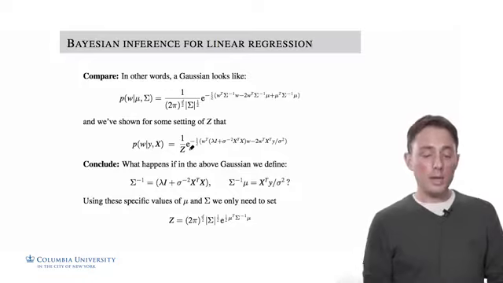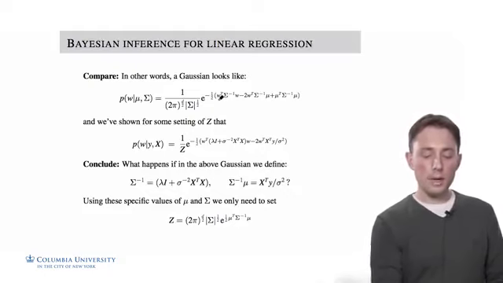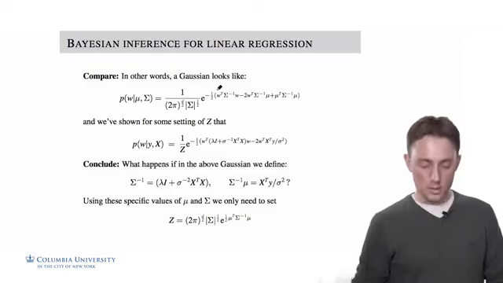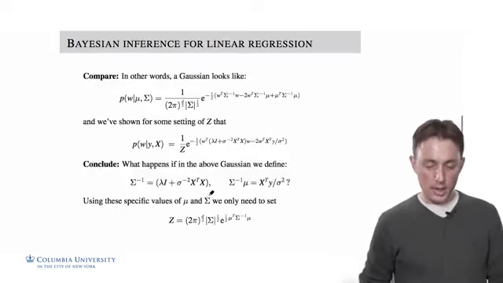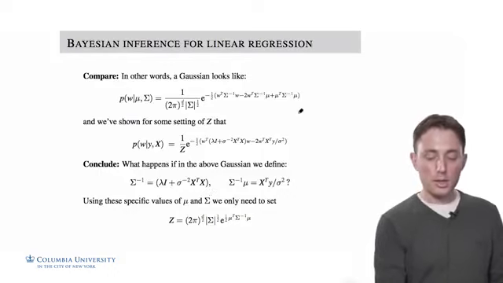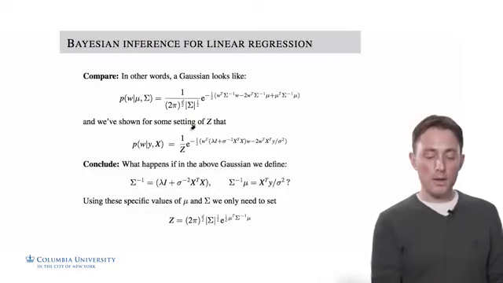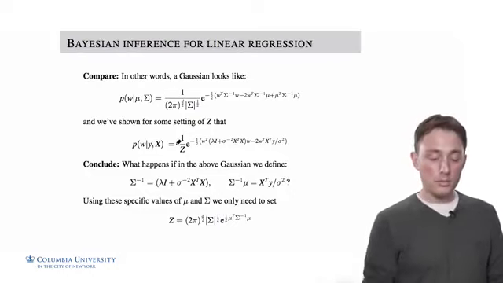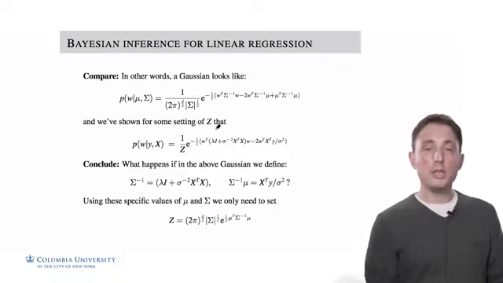On the other hand, we know that a multivariate Gaussian with mean mu and covariance sigma has this form. What I've done here is multiply out this quadratic term from the previous slide. Here's where we're at right now: we want to find this value of z that makes this function integrate to 1.